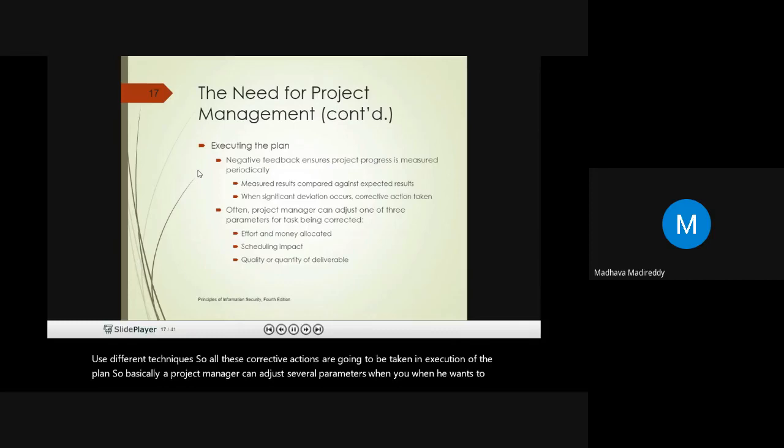How much money needs to be allocated, he can change. How much time you can put in, you can change. We can schedule the impact change, we can adjust the quality and quantity of the deliverable. Because as we work through a certain project, we learn more and more about that project as we put the plan into action.